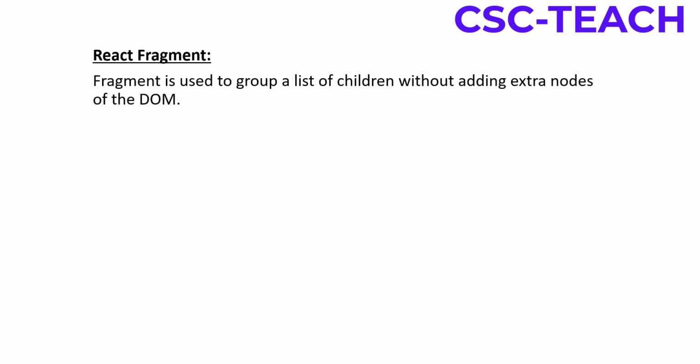Definition: a fragment is used to group a list of children without adding an extra node to the DOM. Without using an extra node of the DOM, we group the list of children with the help of fragments. This is the main advantage of React fragments: we can easily render or return multiple nodes.